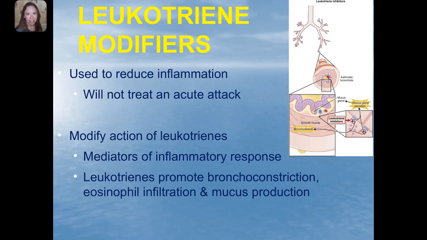Remember, leukotrienes also promote bronchoconstriction. So if we can block that, we can help with the bronchodilation. So here's a medication that works not only to bronchodilate, but it also works on that inflammation. So the two different parts of asthma and what's happening with the pathophysiology.